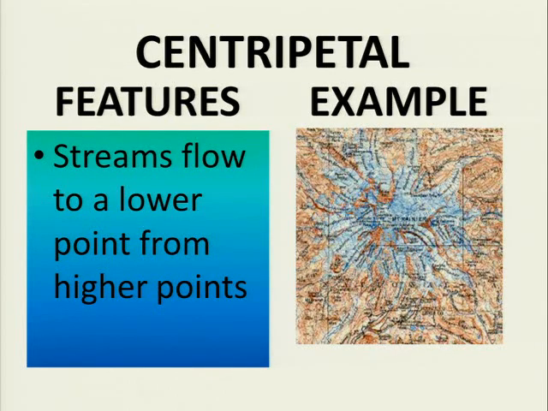So it's either flowing into a lake or a dam or a marsh. It's going from the outside, which is higher, downward to the bottom where there is a lower lying area. So those two are just the opposite. One is from the higher lying area outward, that is the radial pattern, and the other one is from the higher lying area downward, that is the centripetal pattern.